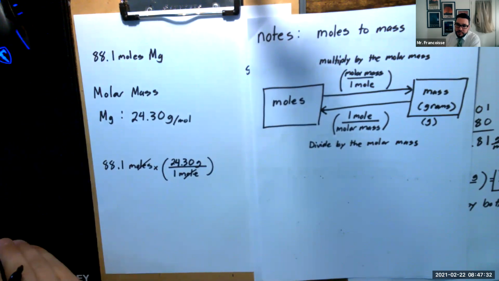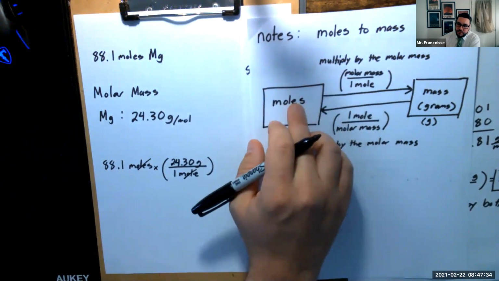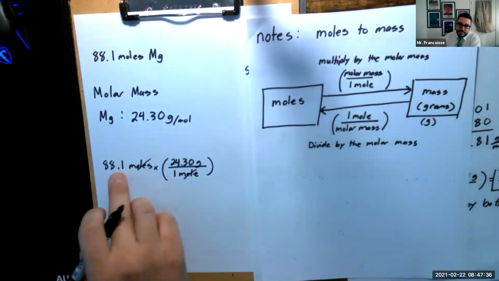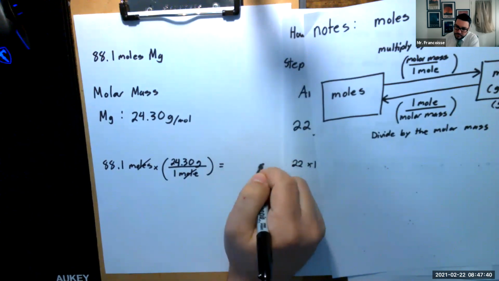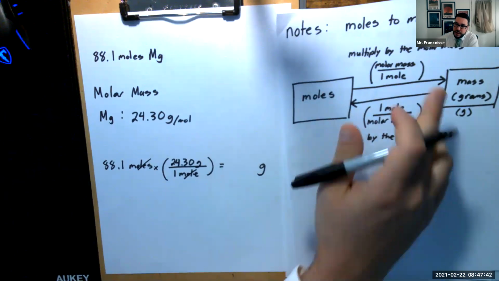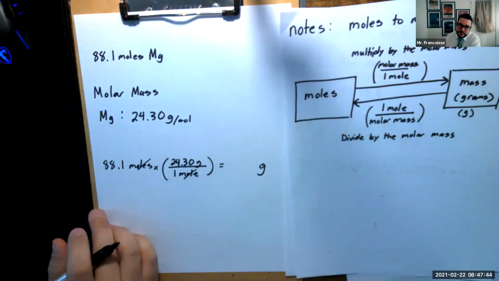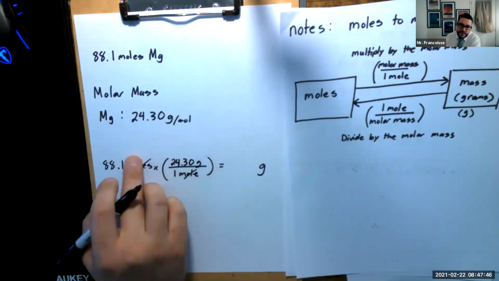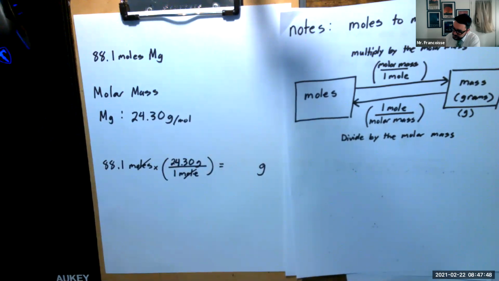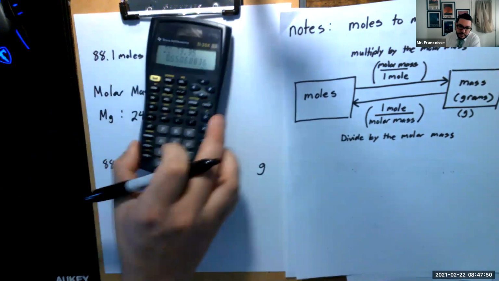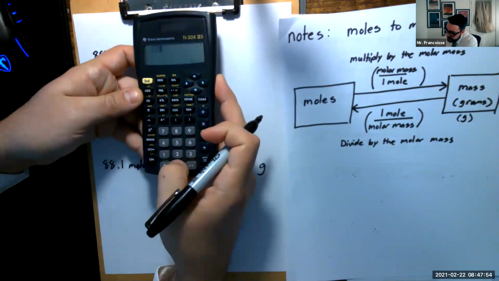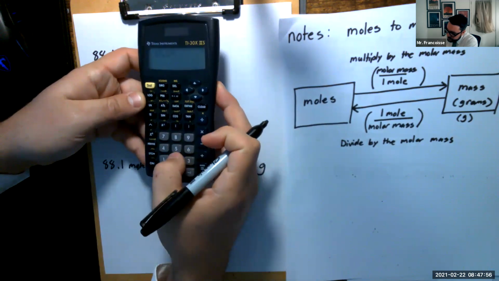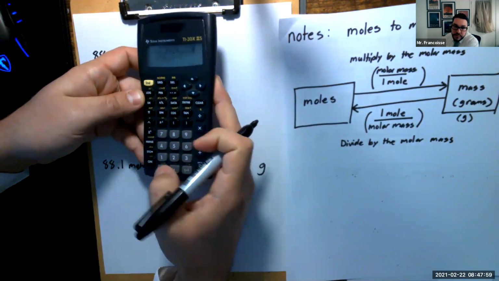So now what? Well, let's look at what it says here. If we go from moles to mass, moles to, hopefully, grams is going to be our answer. We want to multiply by the molar mass. So we're going to multiply these two numbers together. We have 88.1 times 24.30.